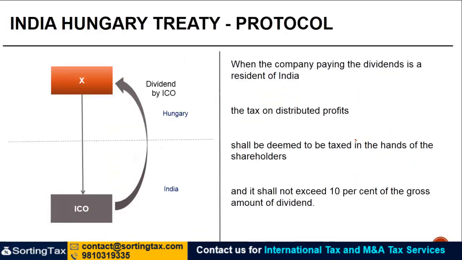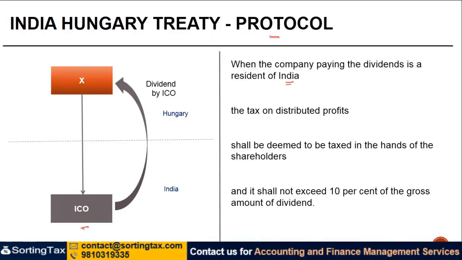Now there's an interesting clause in the India-Hungary Treaty in the protocol which says when the company paying the dividend is a resident of India, so let's say we have an Indian company which is a resident of India, the tax on distributed profits shall be deemed to be taxed in the hands of the shareholder.